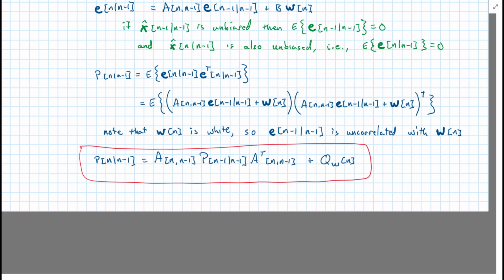So the P comes from, when we multiply this all out, we're going to have our expected value of E n given n minus 1 times E n minus 1 given n minus 1 transpose. I'm sorry, both of them are E of n minus 1 given n minus 1. Cross terms will be 0, and then we'll have the expected value of W times W transpose. So this equation actually has a name. It's called the Riccati equation.